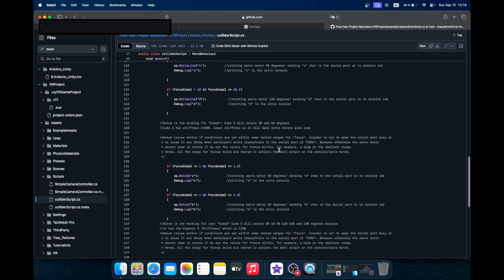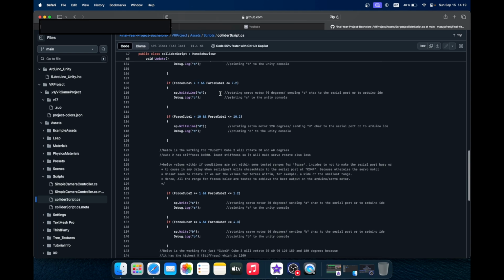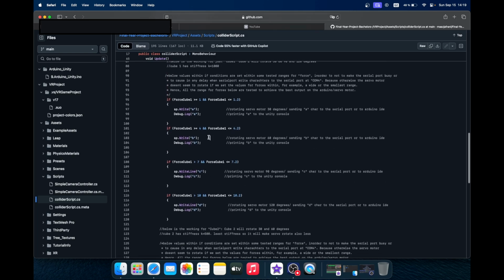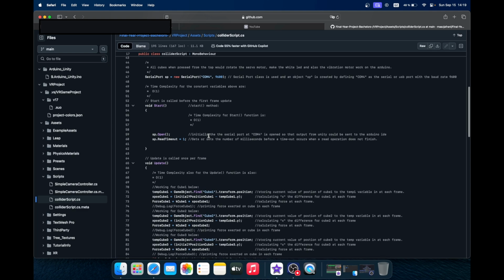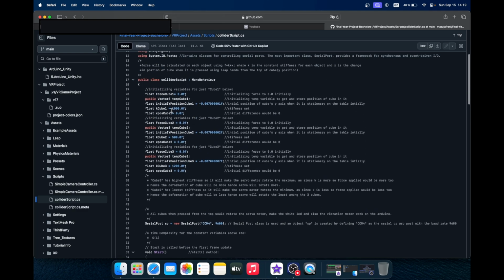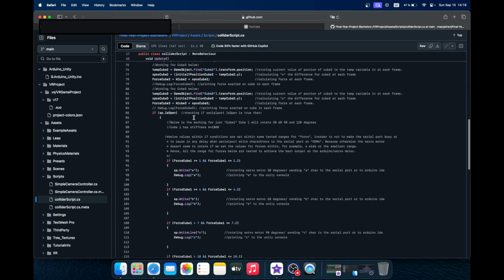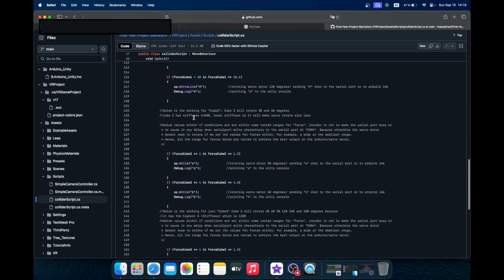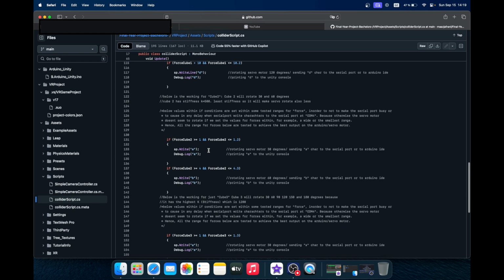But this was basically on cube 1, which had the stiffness of 1000 over here. If the force is being applied to cube 2 instead of cube 1, send character A if the force values are between these particular values.